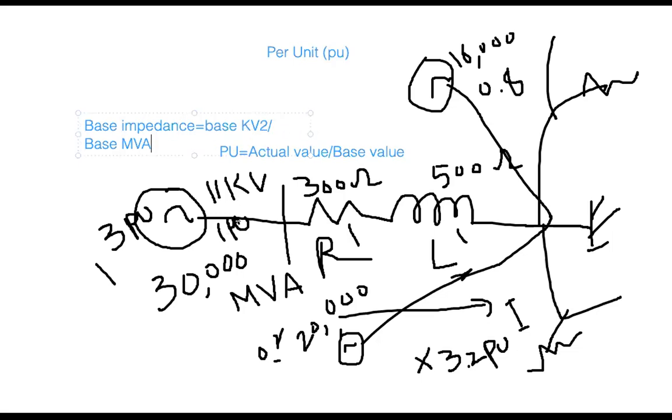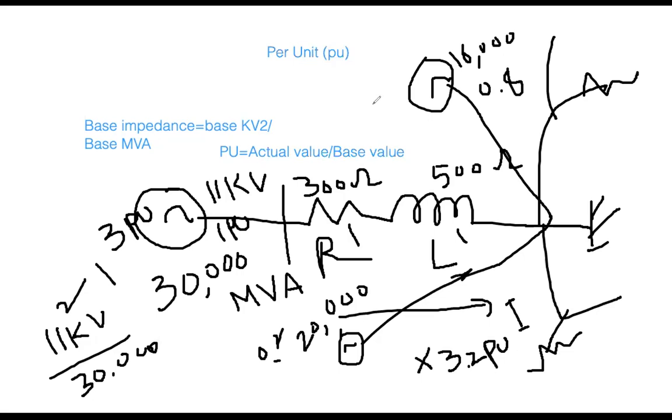This means, what was your base value? 11 kV. Now let me go back. For example, 11 kV squared over what was my base? Like I assumed, 30,000. That is the definition of the base impedance.